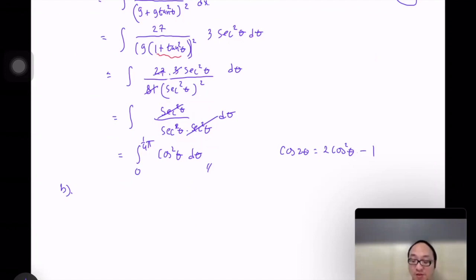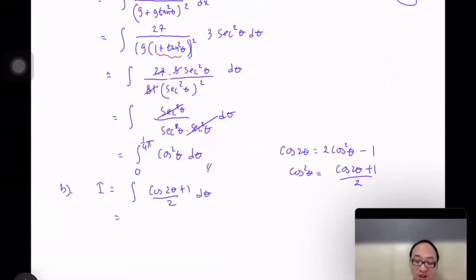So cos square theta means cos 2 theta plus 1 divided by 2. So we can rewrite this I equals integral cos 2 theta plus 1 divided by 2 d theta.